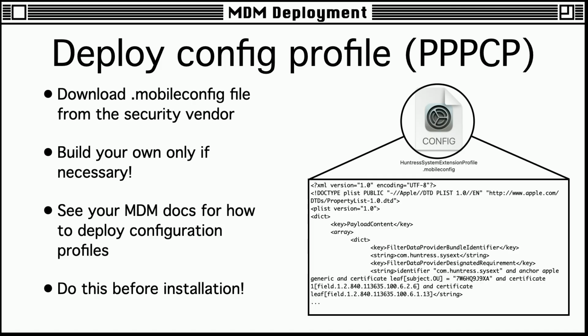And so you deploy it with your MDM to all the endpoints you're going to put your security software on. And you do this first. Do this before you install the security software, and then that prevents your end users from ever seeing any of the prompts. So it's completely silent.